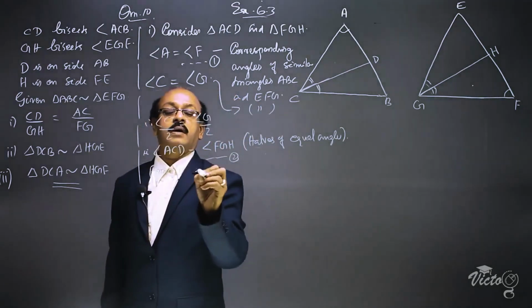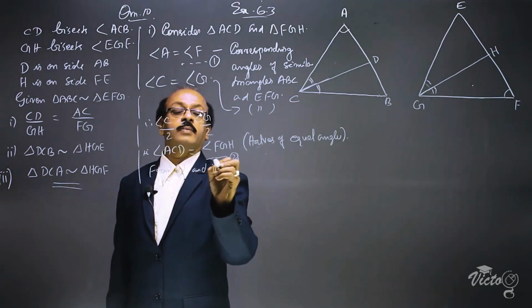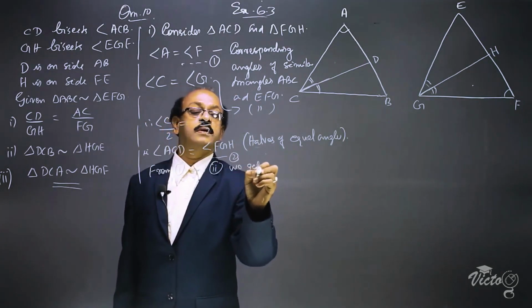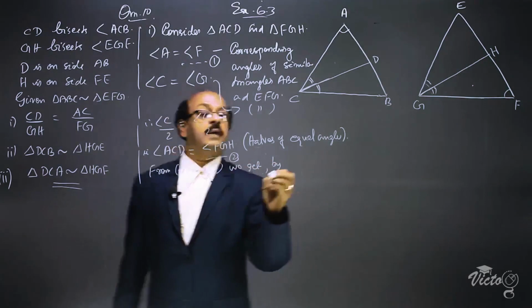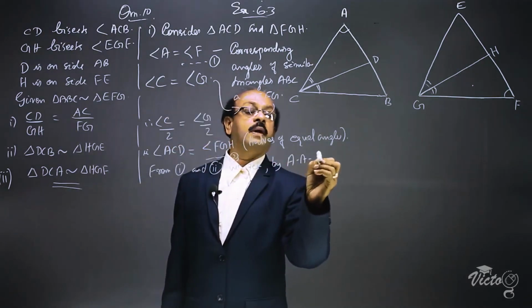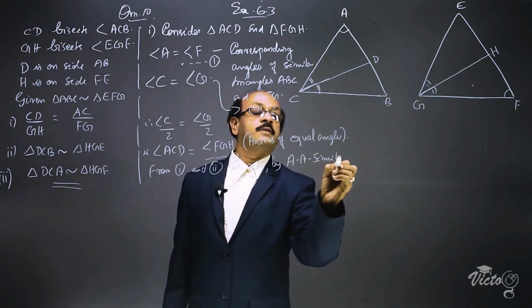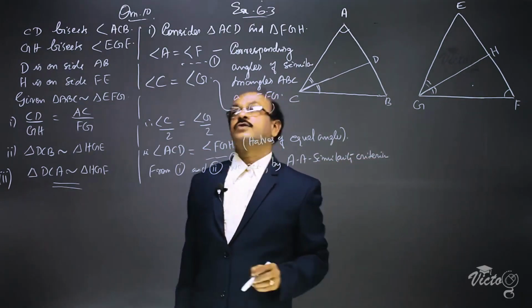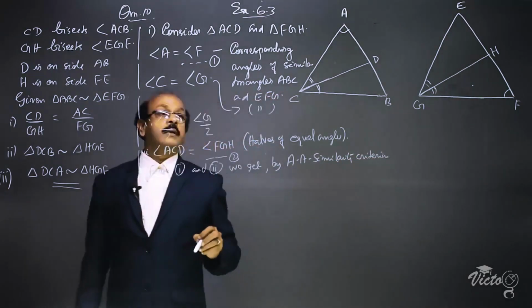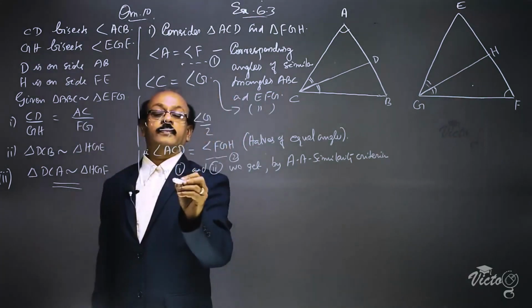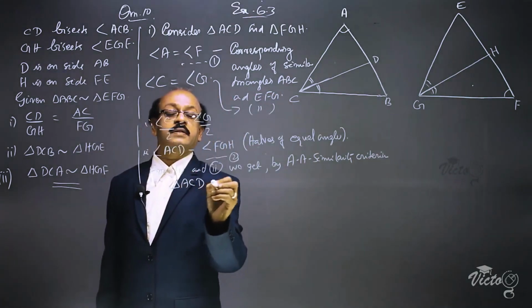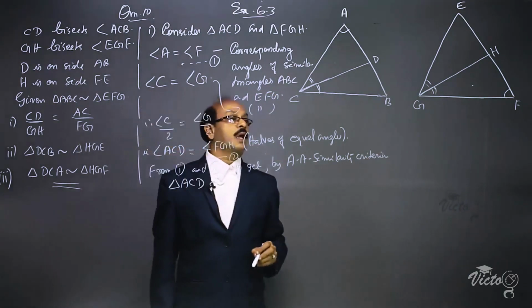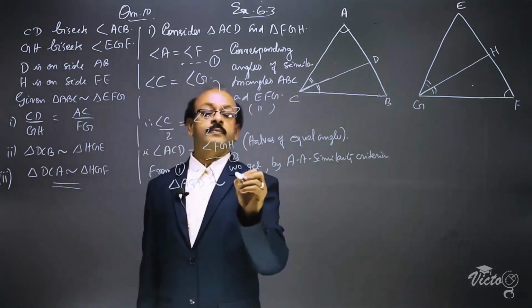From 1 and equation number 2 we get, by AA similarity criterion, triangle ACD is similar to triangle FGH.